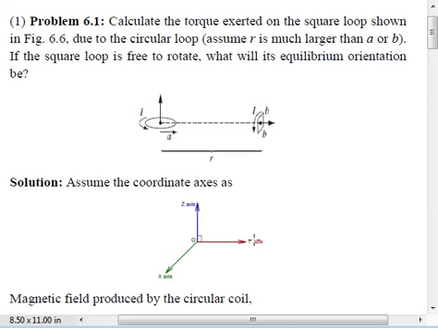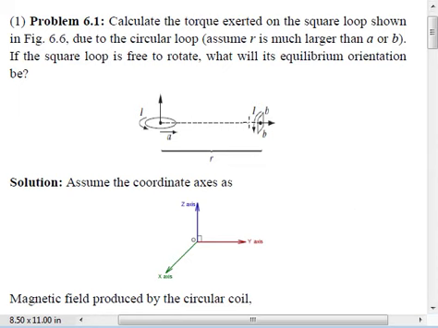The dipole moment of the square loop is directed along the y direction, whereas the dipole moment of the circular loop is directed along the z direction. We will represent the dipole moment of the circular loop by m1 and the dipole moment of the square loop by m2.